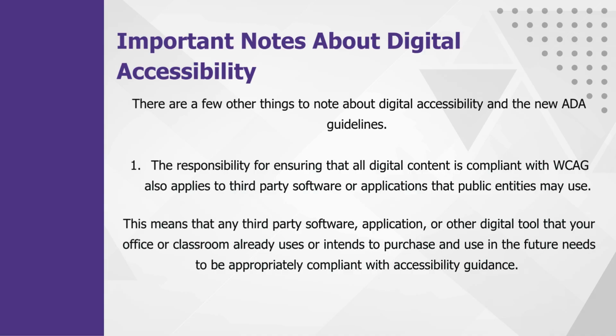This means that any third-party software, application, or other digital tool that your office or classroom already uses needs to be appropriately compliant with accessibility guidelines. Additionally, if you, your classroom, department, or office are looking into purchasing and using a new third-party software or tool, you must ensure that it is properly accessible before purchasing.